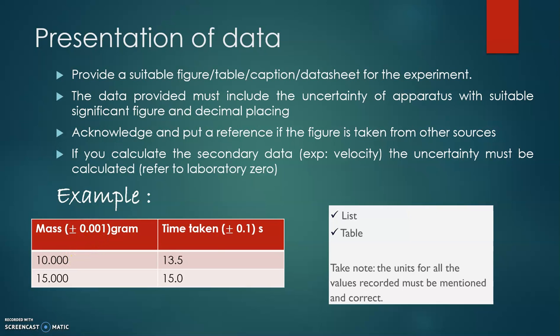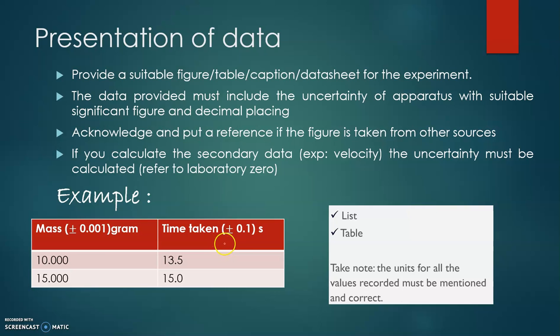The uncertainty given to you is to 3 decimal places, so you should return the measurement as 10.000 gram. Then the second data, if you measure about 15 grams, you should also return it as 15.000 gram.